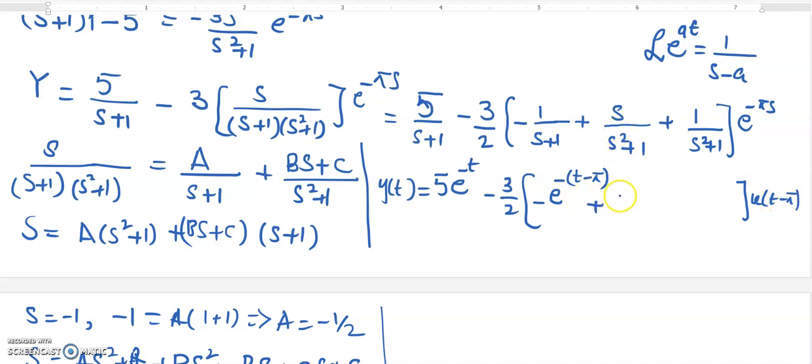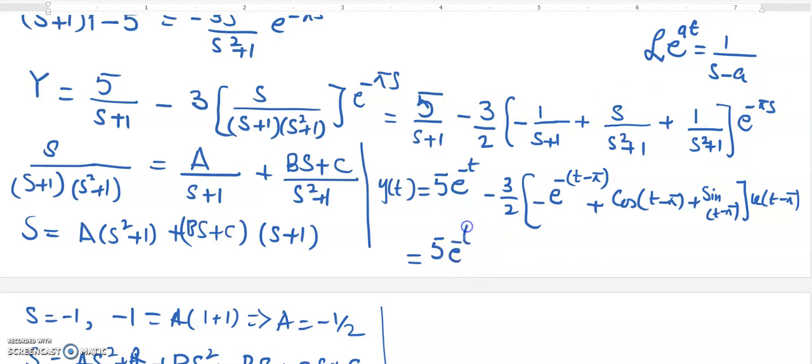This is for the cosine, so it will be cosine (t minus pi), and this is for the sine, sine (t minus pi). Every term is being multiplied by u(t minus pi), but this term is without u(t minus pi) because there was no multiplying by e power minus pi s.